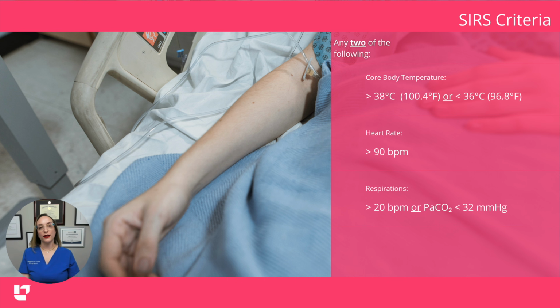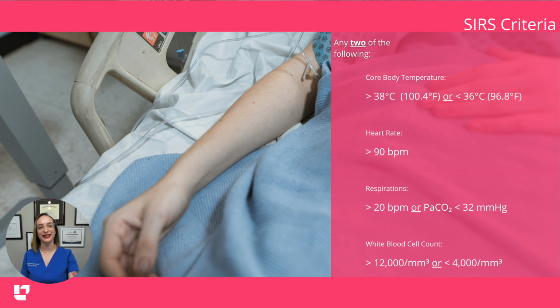So if I'm breathing 19 breaths a minute, but my PaCO2 is 30, that is still positive SIRS criteria. If my PaCO2 is 34 and I'm breathing 28 times a minute, it's still positive SIRS criteria. If both things are true, it's just one positive SIRS criteria. It doesn't count as being the second thing that you need. So just keep that in mind.